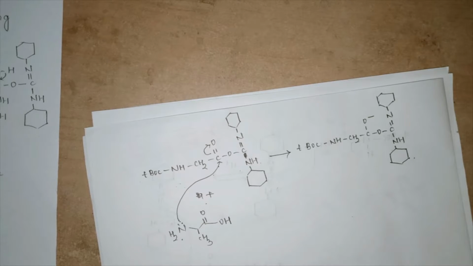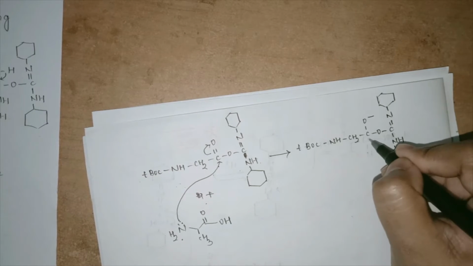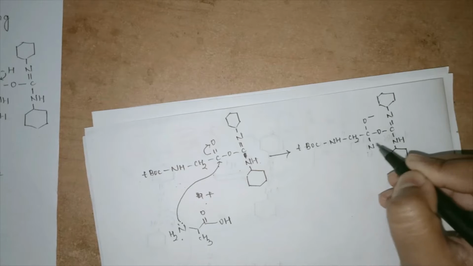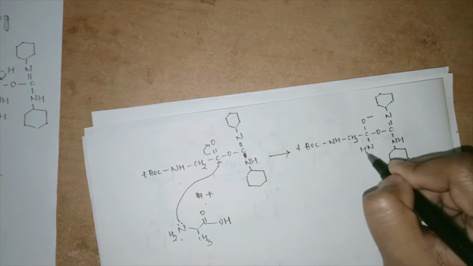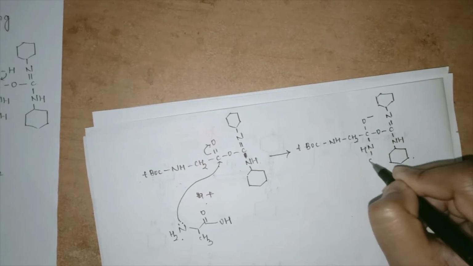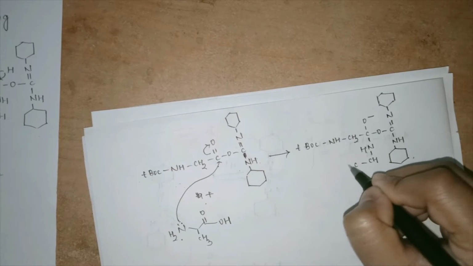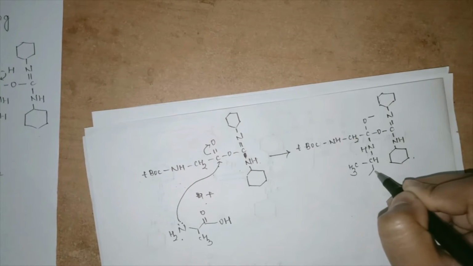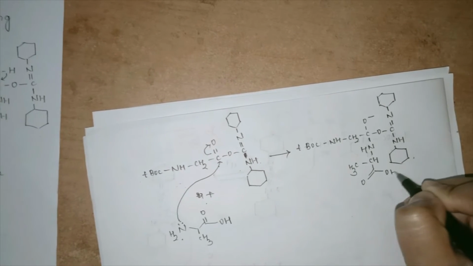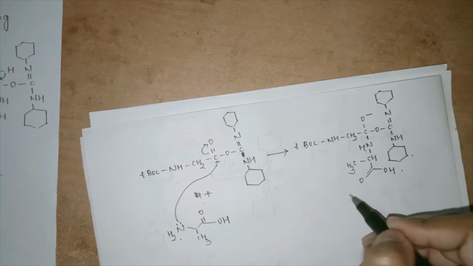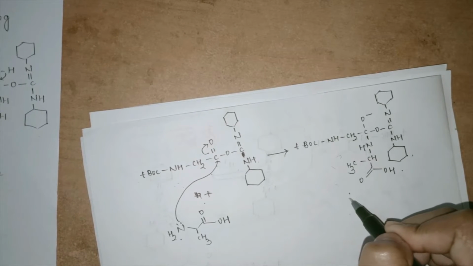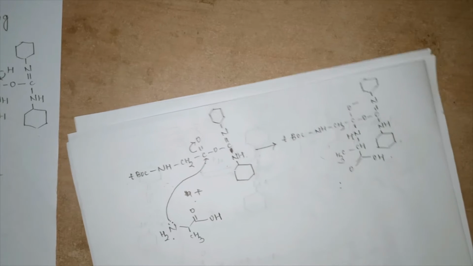This is the product that I'll be getting. To this, what has attached is NH and CH3 C double bond OH. This particular group is the glycine group that I have already added.